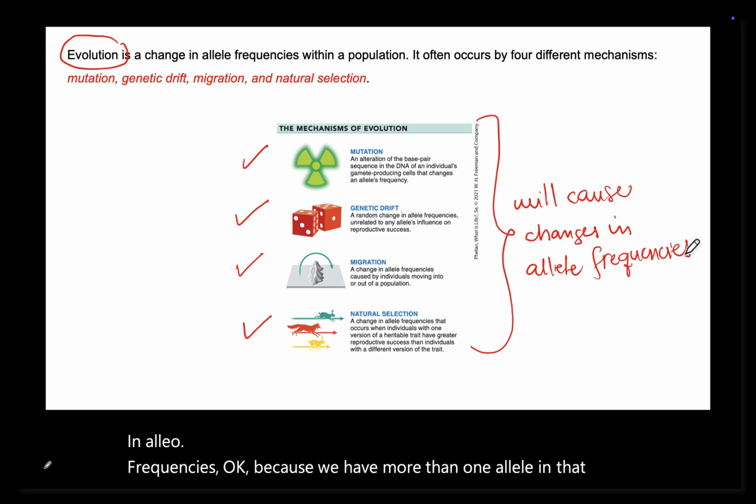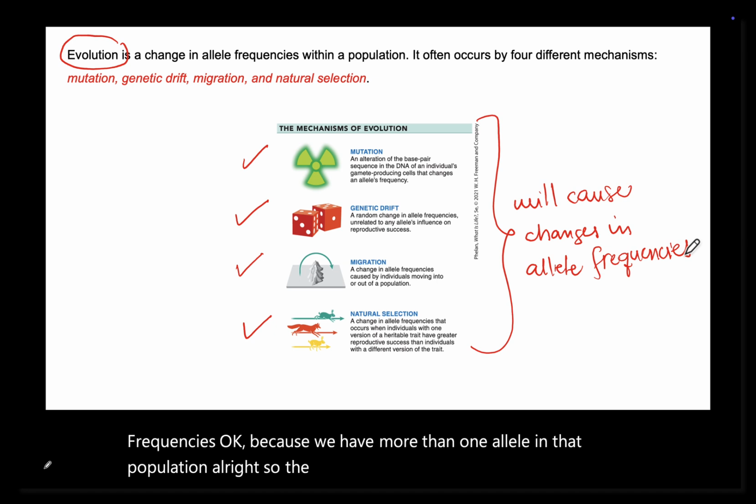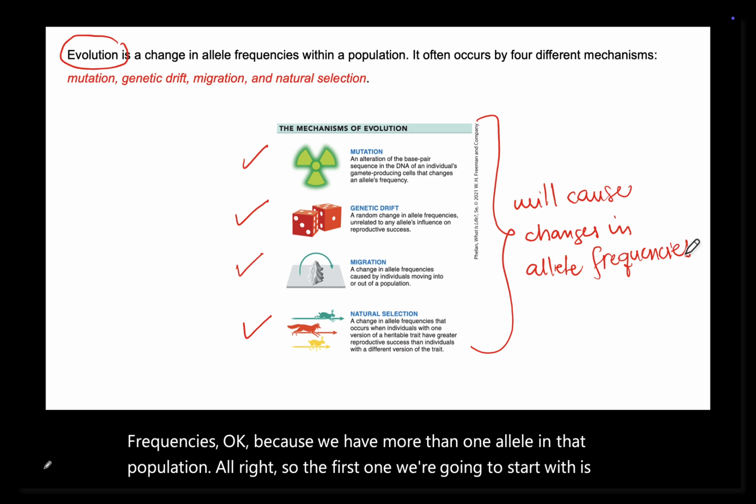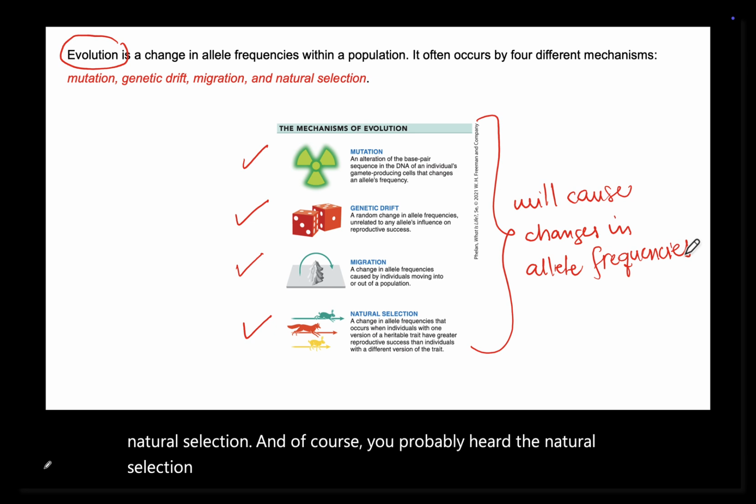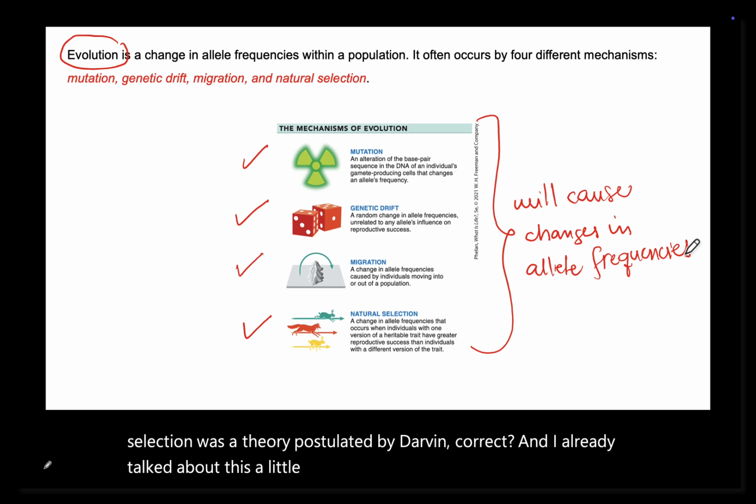All right, so the first one we're going to start with is natural selection. And of course, you probably heard that natural selection was a theory postulated by Darwin, correct? And I already talked about this a little bit at the beginning of the class.